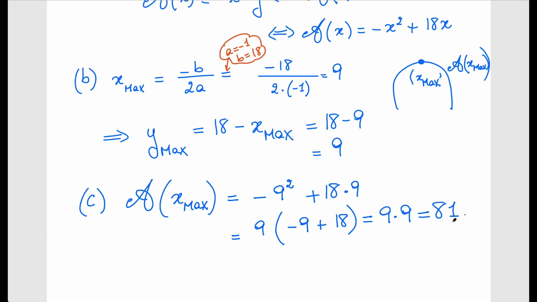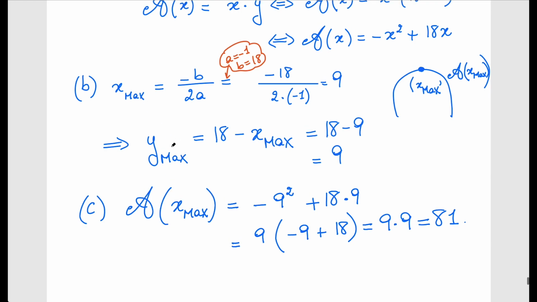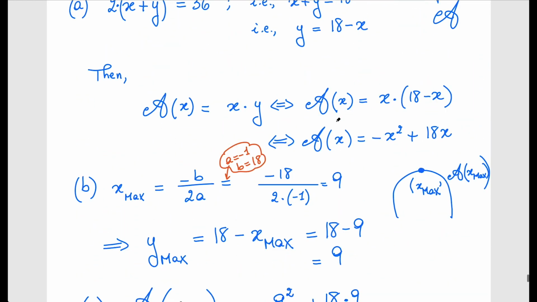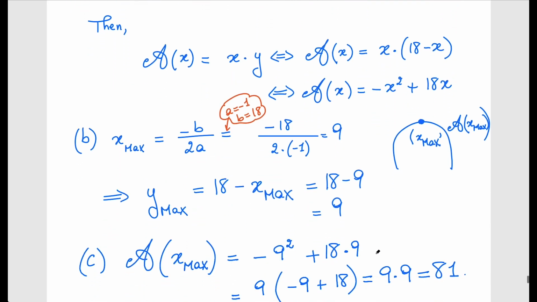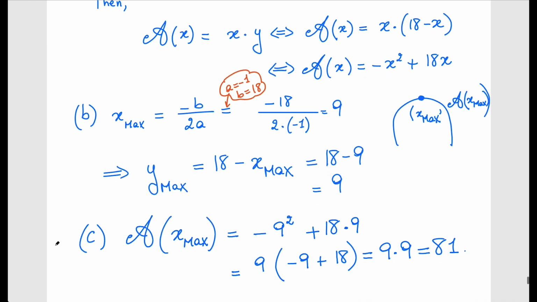Again, which is not a surprise because it's x times y at the end of the day, correct? The area is x times y. If you know the x and the y, just multiply them together. This is exactly what happened in this little work here. 9 times 9 is 81.